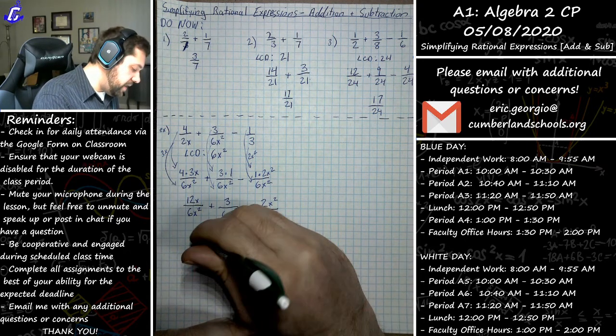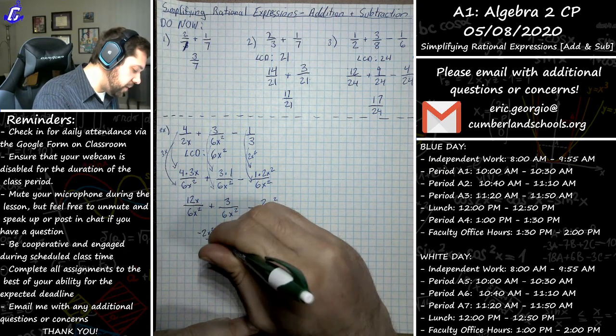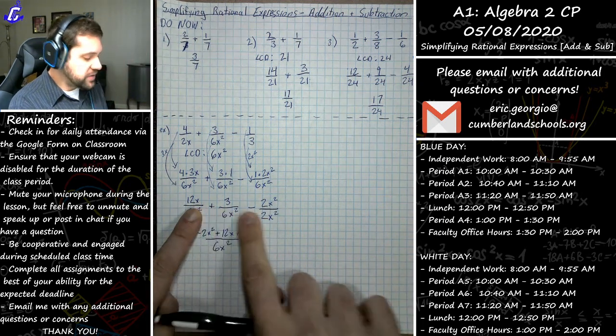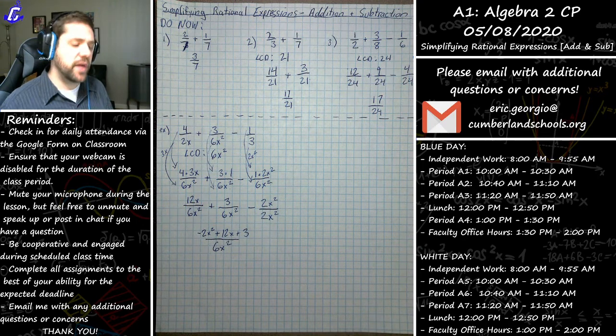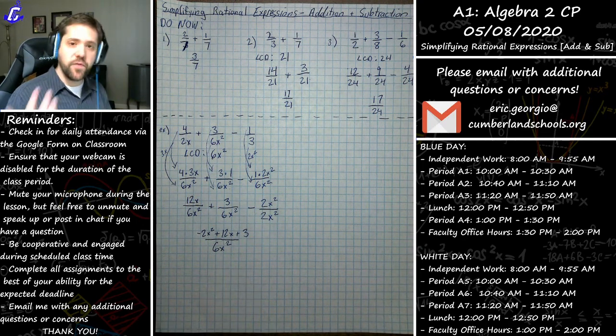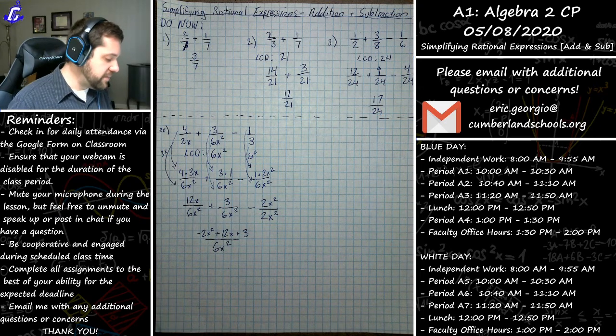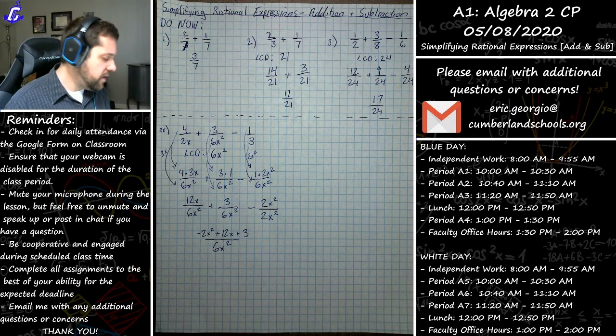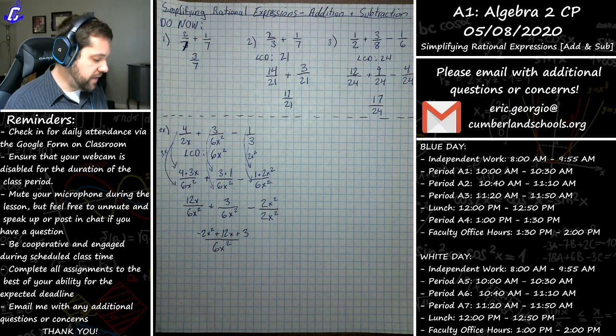We got negative 2x squared plus 12x plus 3. If you notice, we just combined all those terms on the numerator, and then I just wrote them in a familiar order. Okay? Sometimes it's possible to factor that and go further, but I just really wanted to demonstrate to you how these terms would all combine together. I'm not super focused on going all the way with the simplifying right now.